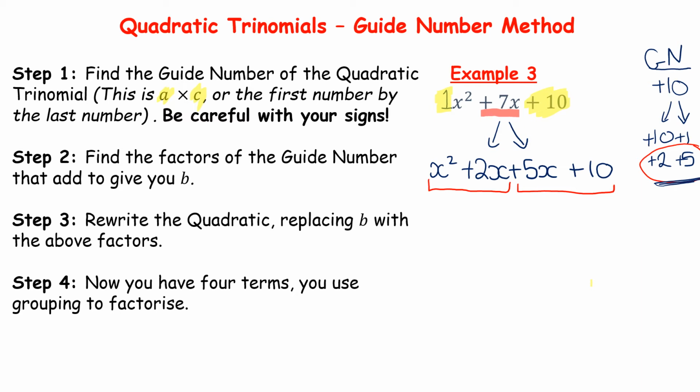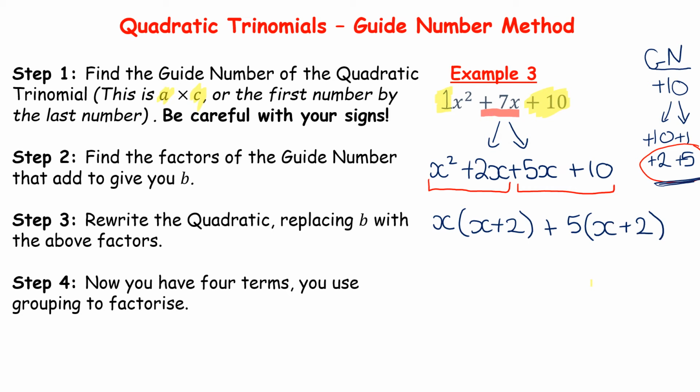So the first 2 terms, what is common? X is common, leaving me with an x plus 2. Another thing that's really nice about using guide number is this third term, the sign will always come from the third term. So I'm going to have a plus because it's a plus 5x. 5 is common, which leaves me with an x plus 2.